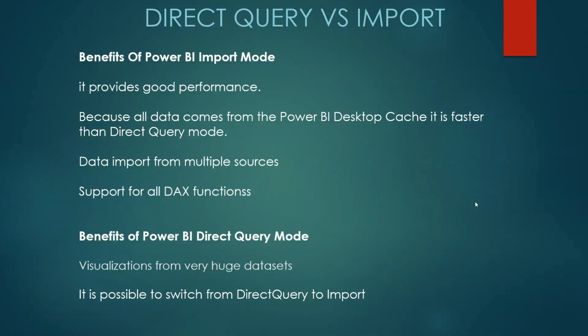Import mode supports all DAX functions, whereas direct query mode may not support all the DAX functions. And the benefit of Power BI direct query mode is when the data set is very huge, in that case it is convenient and recommended to use direct query mode.